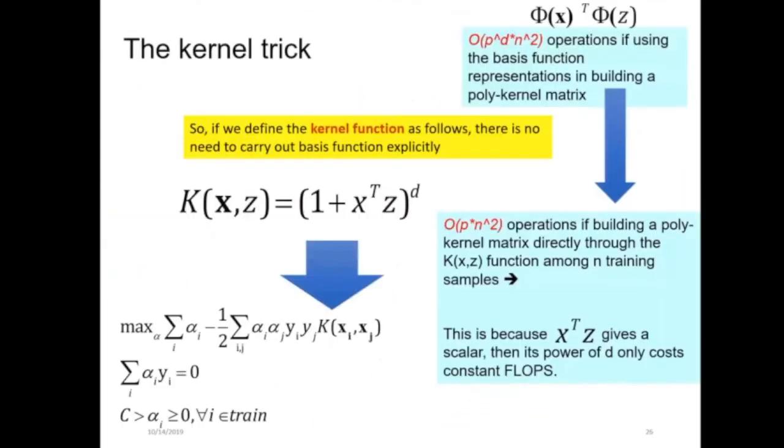All right, so in the end, to optimize an SVM, this is my basic SVM form, right? What I need is that matrix, the whole matrix that has all the training samples versus all the other training samples.